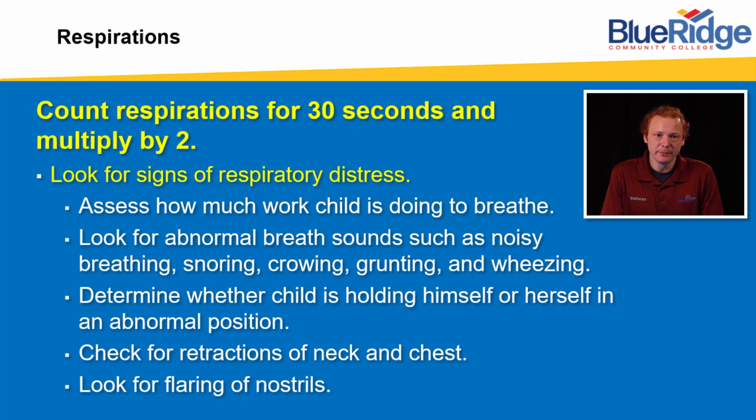If you have a hard time counting, you can count for 60 seconds, but it really should be at least 30 seconds. Look for signs of respiratory distress: noisy breathing, snoring, crowing, grunting or wheezing. You can use these to assess how much work the child is doing to breathe. Check for retractions in the neck and the chest, and look for flaring nostrils.